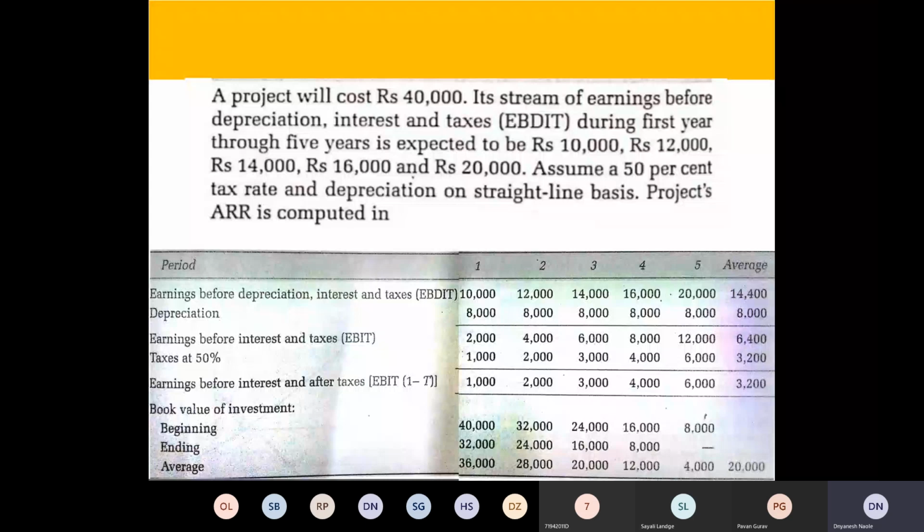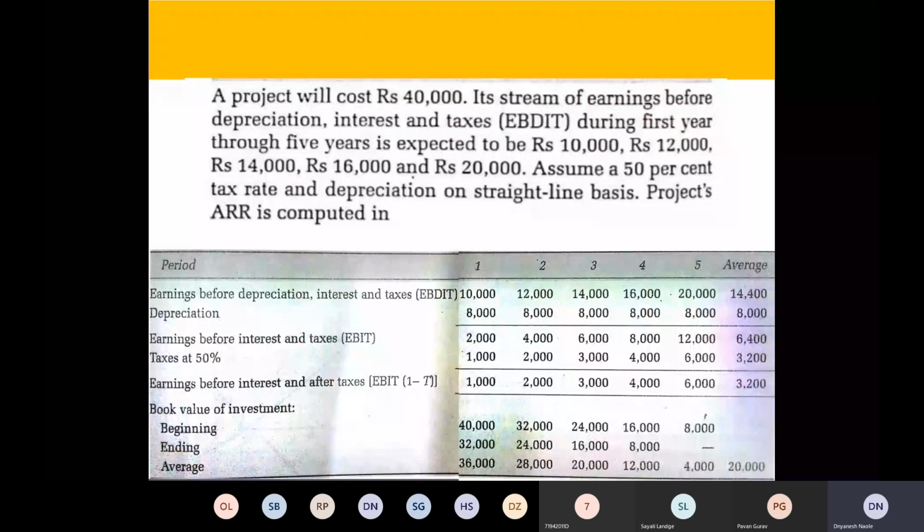During the first 5 years it is expected to be 10,000, 12,000, 14,000, 16,000 and 20,000. So these earnings before depreciation, interest and taxes figures are given for 1 to 5 years. Now we are assuming a 50% tax rate, and depreciation on the straight line basis.